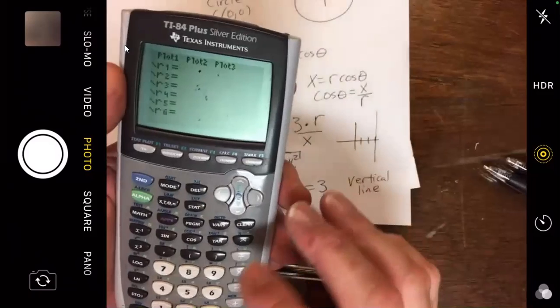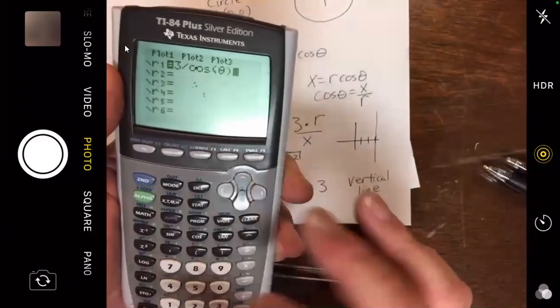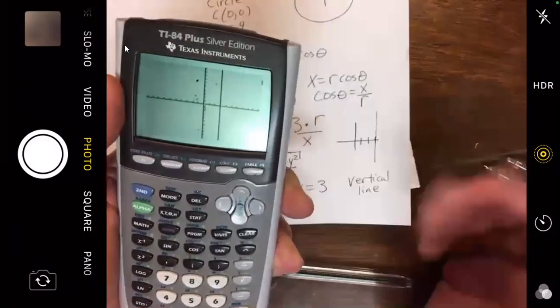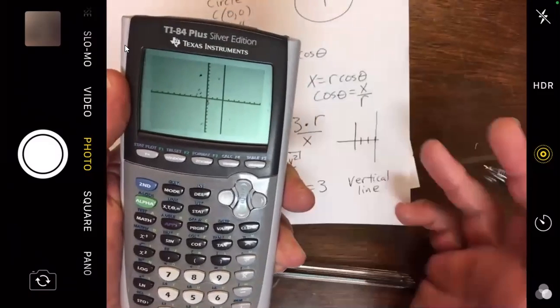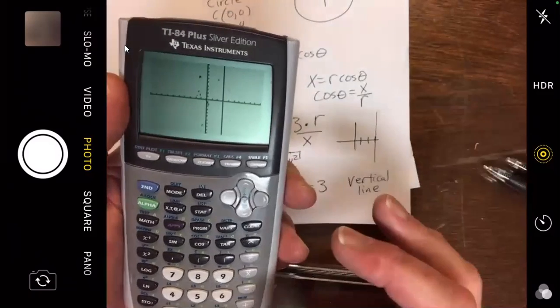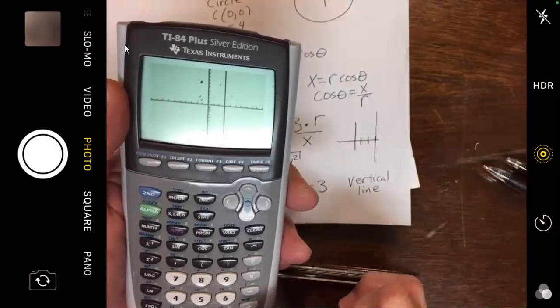Here, go 3 divided by cosine theta. Graph. And there you are. That's the only way to graph a vertical line on this calculator, because the calculator in function mode only handles functions, y versus x.